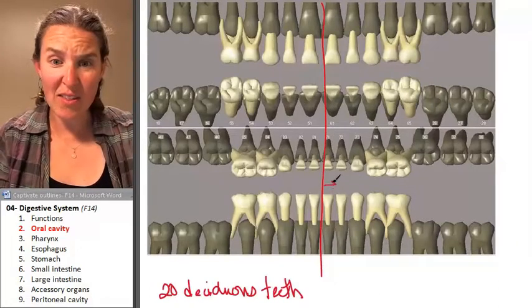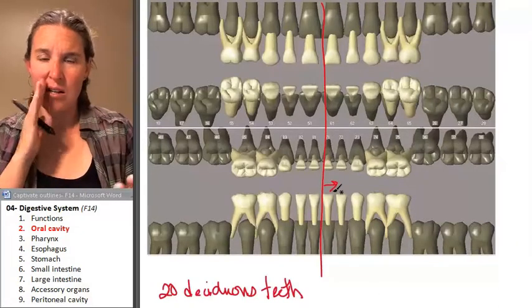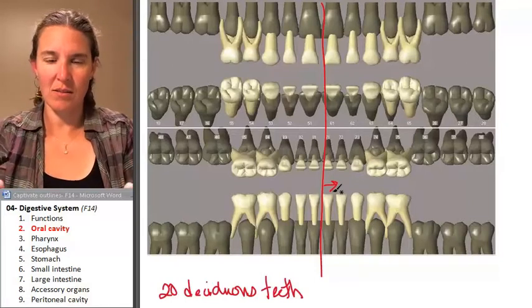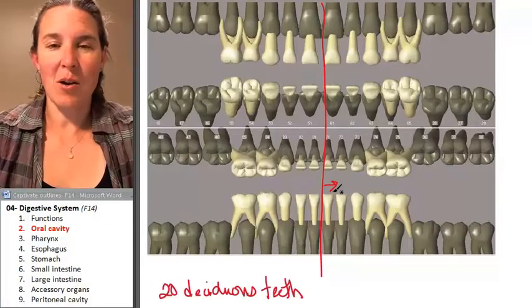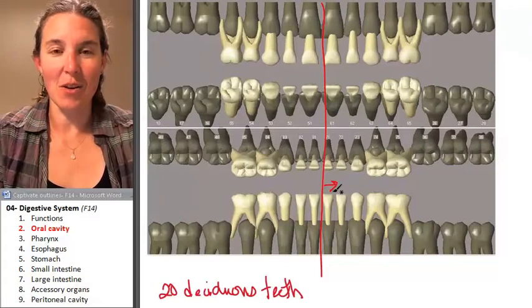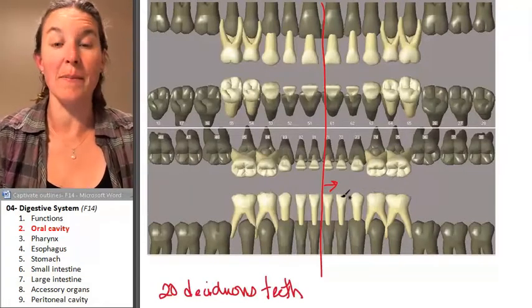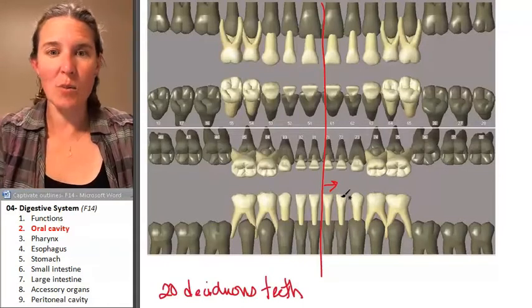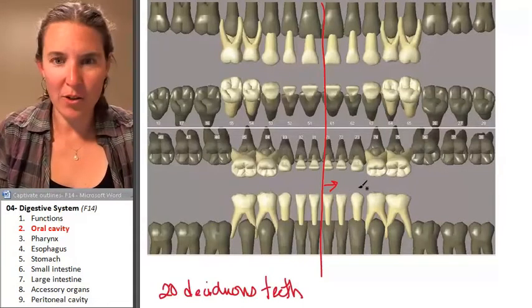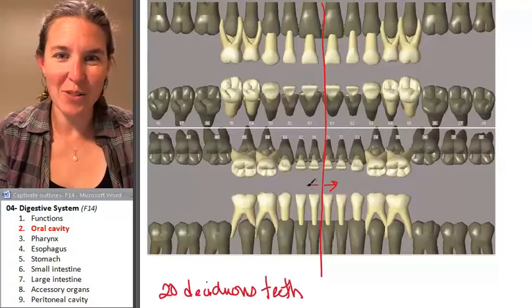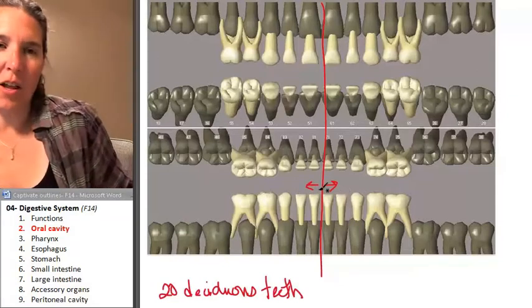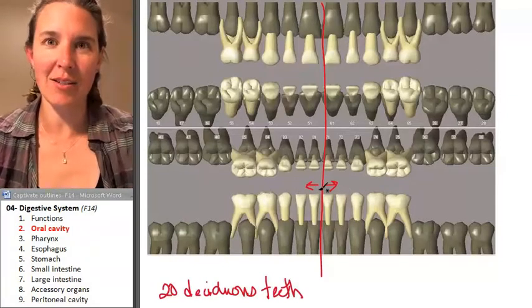We won't even talk about right and left because I don't know which one is supposed to be which. But one side would be all of the ones on your right or left, and this would be all the ones on the other side.